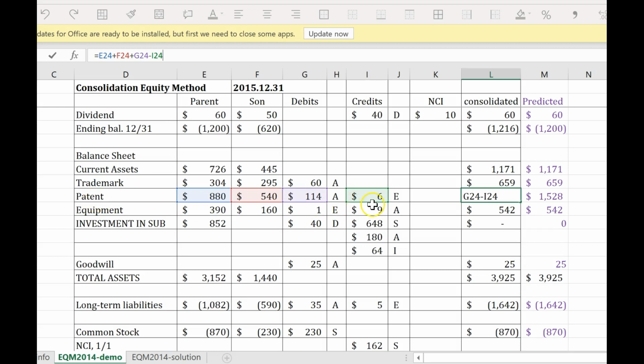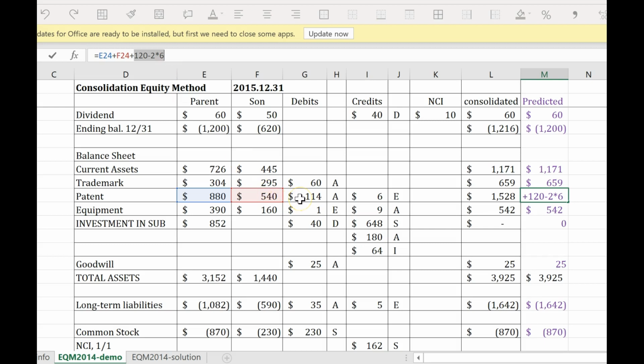patent, another 6. So combine A and E: this is 120 minus 6 minus another 6. So it is just 120 minus 2 of the 6. A and E combined to be the remaining fair value excess.